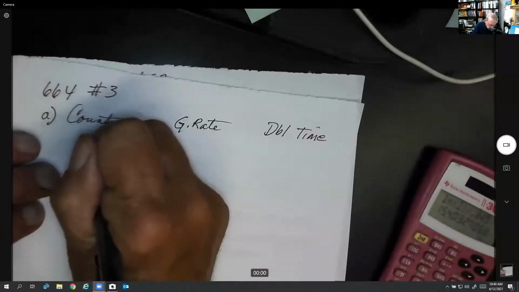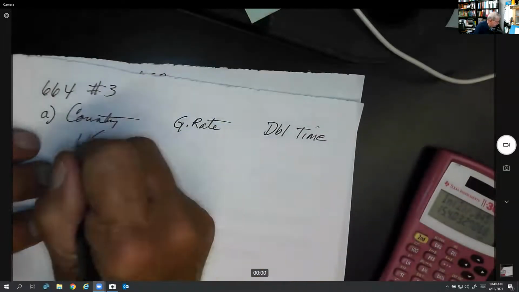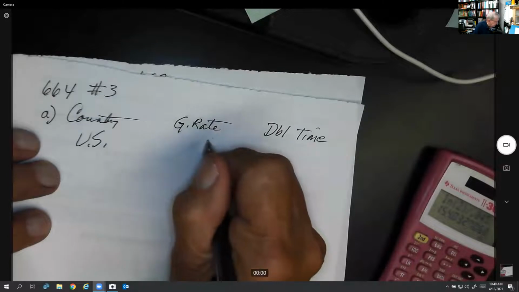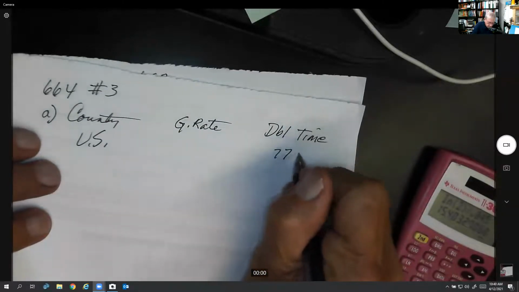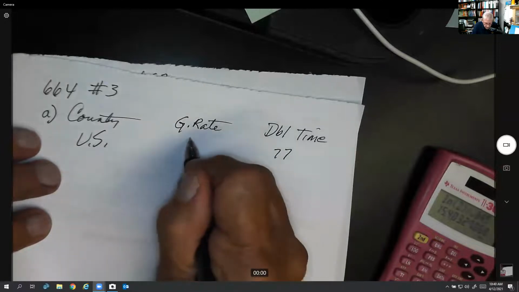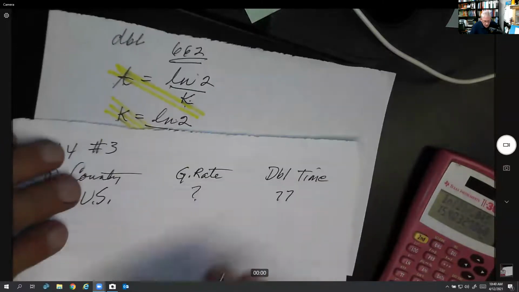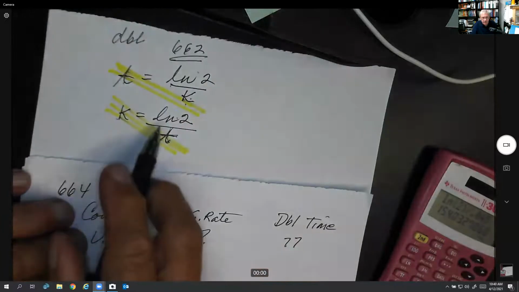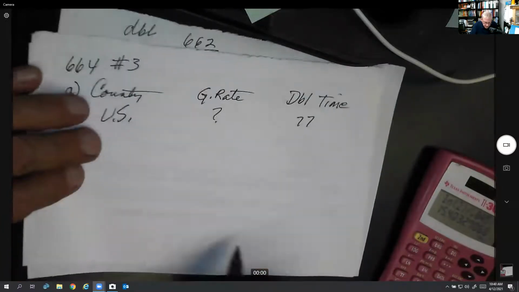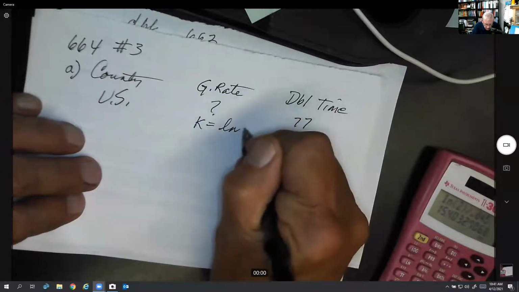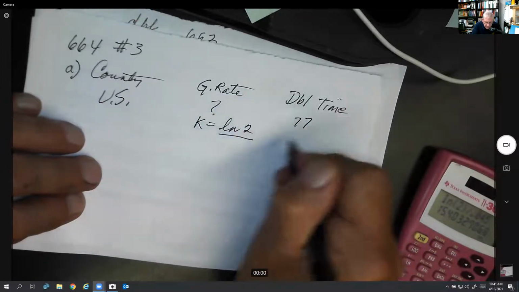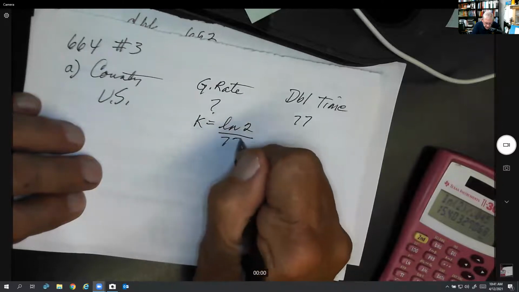Okay, so let's go with the US. And they gave us the doubling time is 77. And they want to know what's the growth rate. Okay, all we've got to do is use this formula right here. k equals ln2 divided by the doubling time, 77.